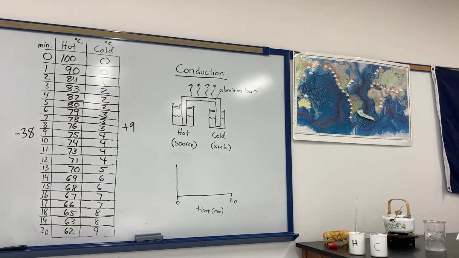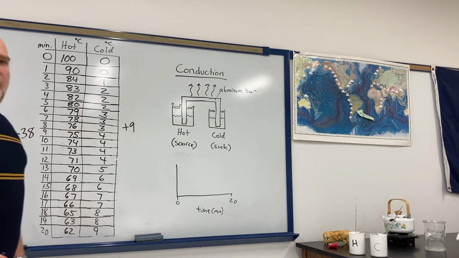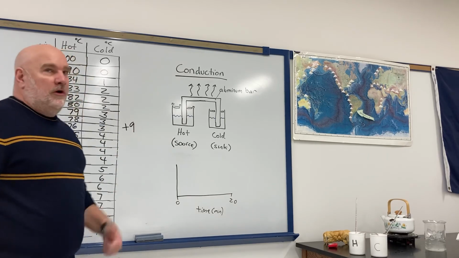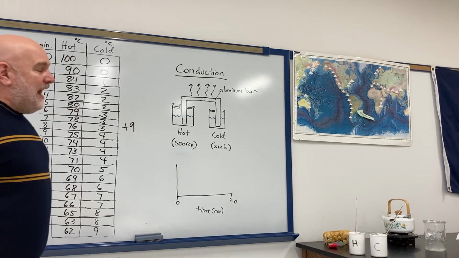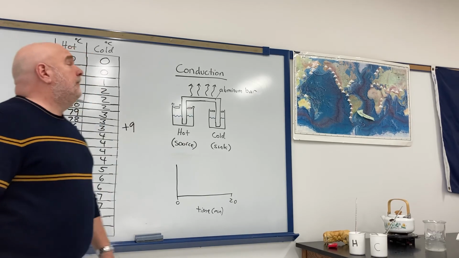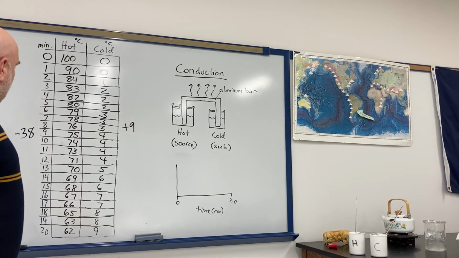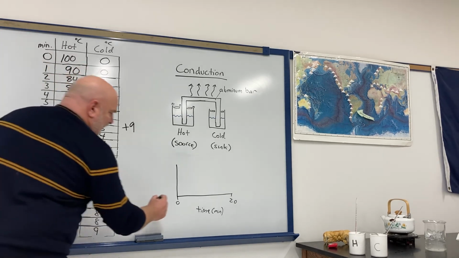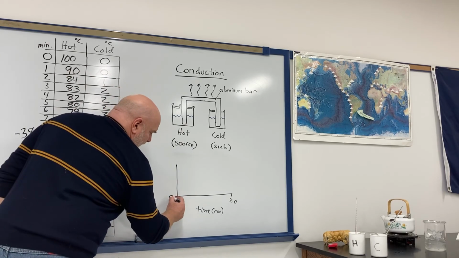Now, what we're going to be graphing is temperatures, and our graph's going to have two lines on it: one for the hot cup and one for the cold cup. So we have to make sure we can fit both the hot cup data and the cold cup data on there. Of all the data I have, the lowest temperature is 0, so on the side here, I'm going to have 0.